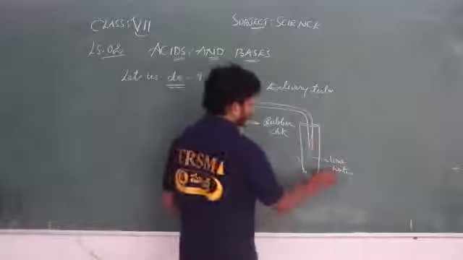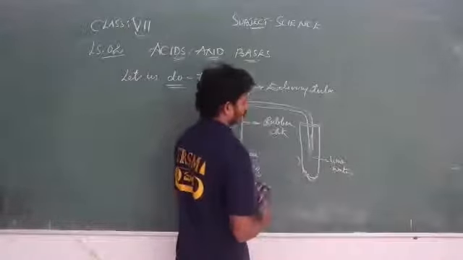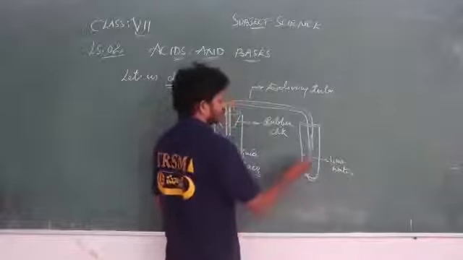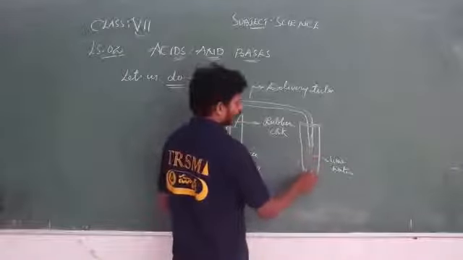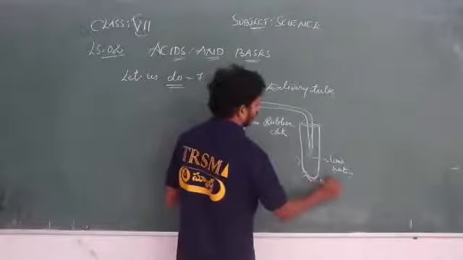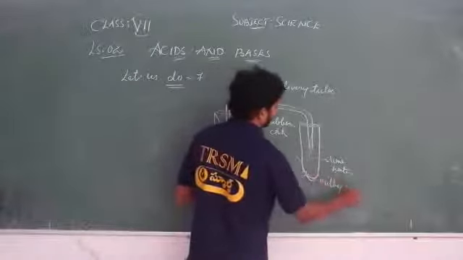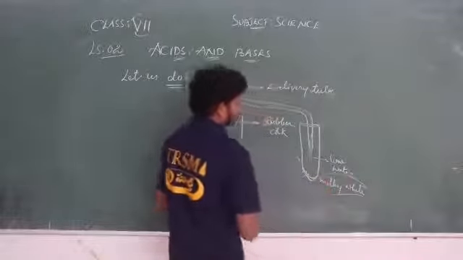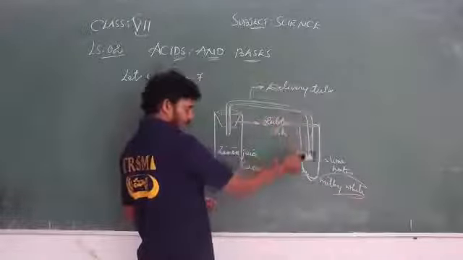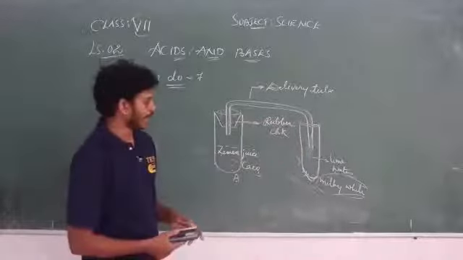This consists of lime solution. After some time we notice it turns milky white. By this color we can confirm the gas which is released here is carbon dioxide gas.